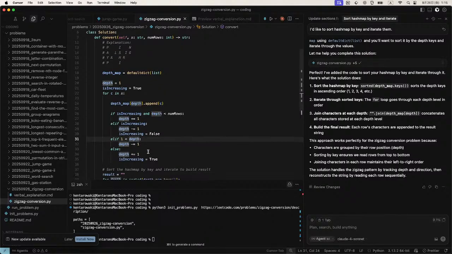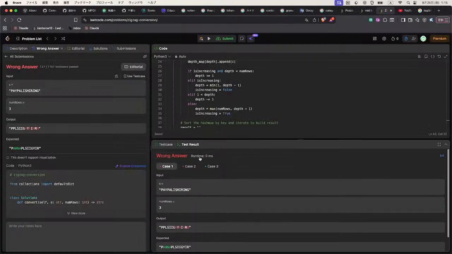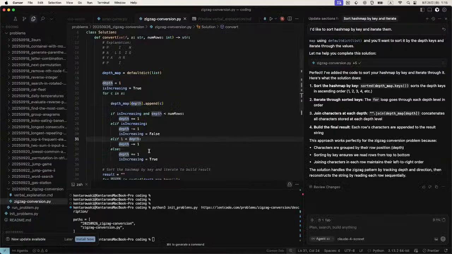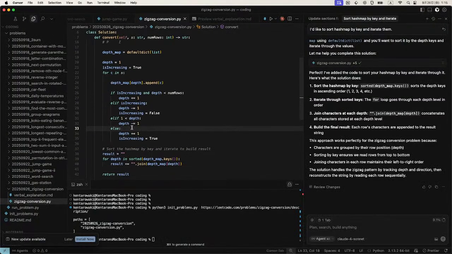But in a previous version, I think this code is not good because the number of rows is usually more than depth. So in this condition, we want to handle the case where depth is 1, right?